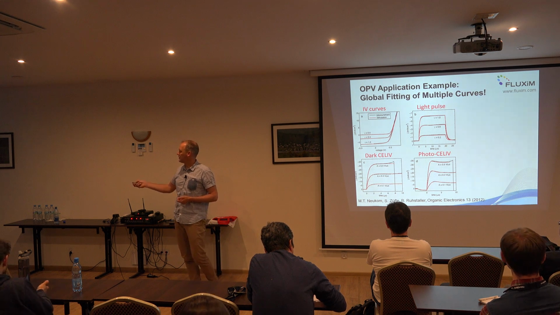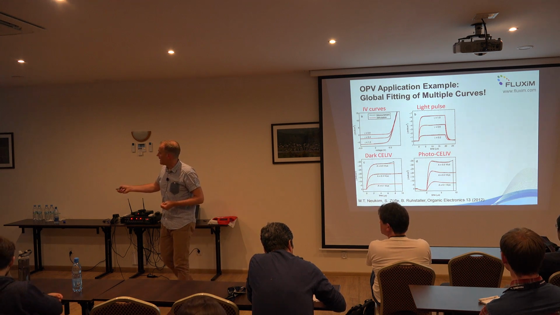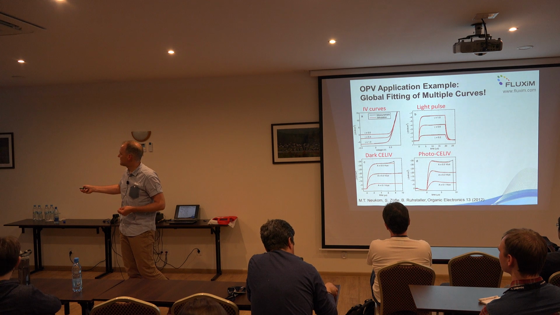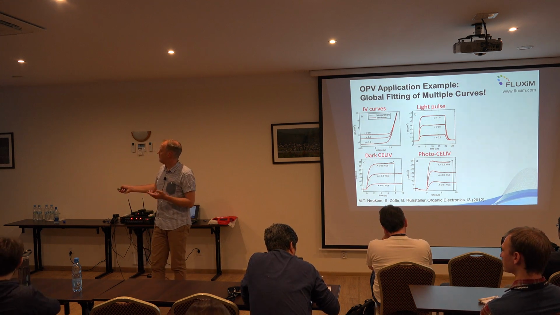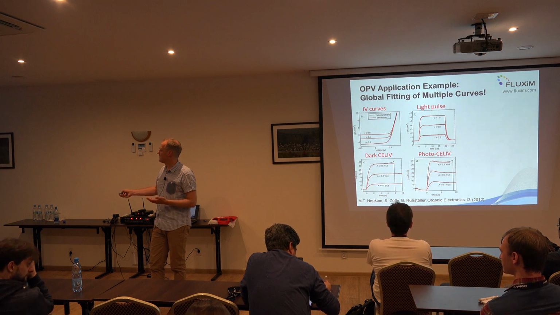So we have current voltage curves at 3 different light intensities of the solar cell. The black is the measured curve. Then we perform the second and the third and the fourth experiment.